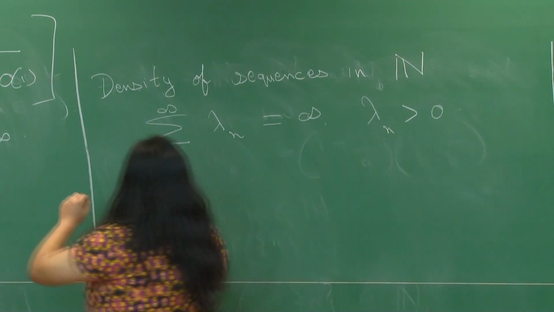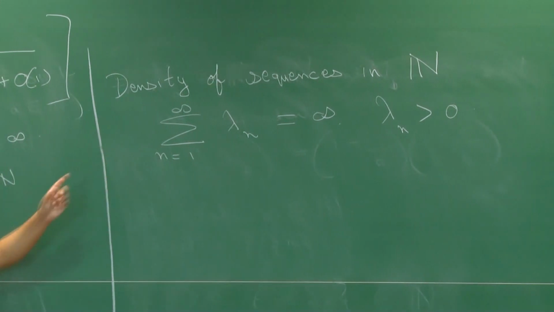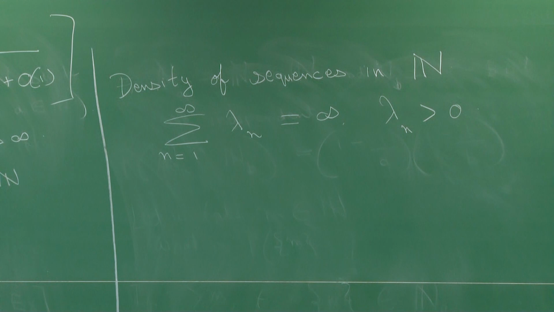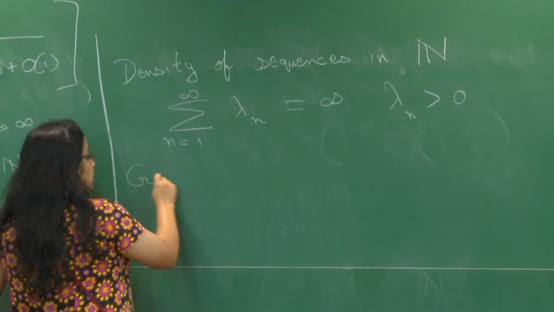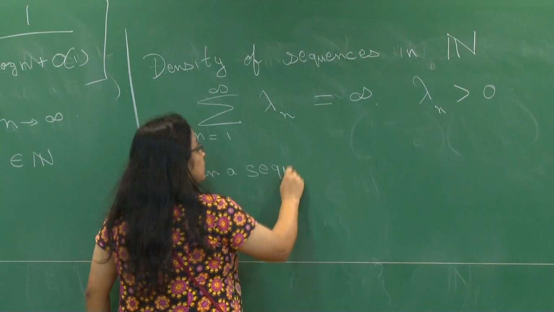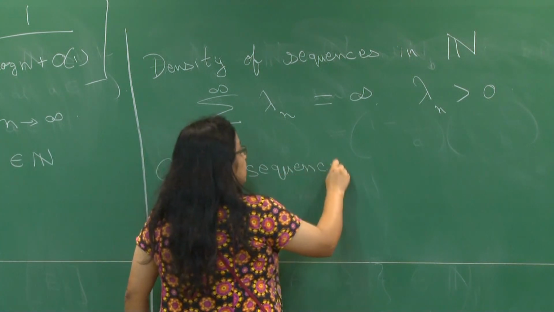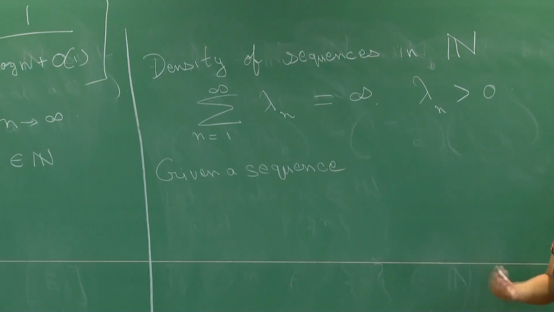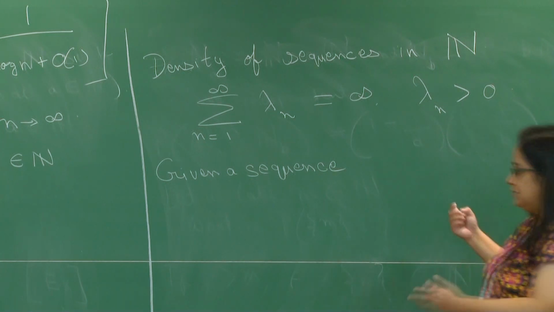The reason we are taking this kind of a sum is that these lambda sub n's are actually weights. So, we are going to attach weights to any sequence. Any subset of N is a sequence, isn't it? Because it is countable.